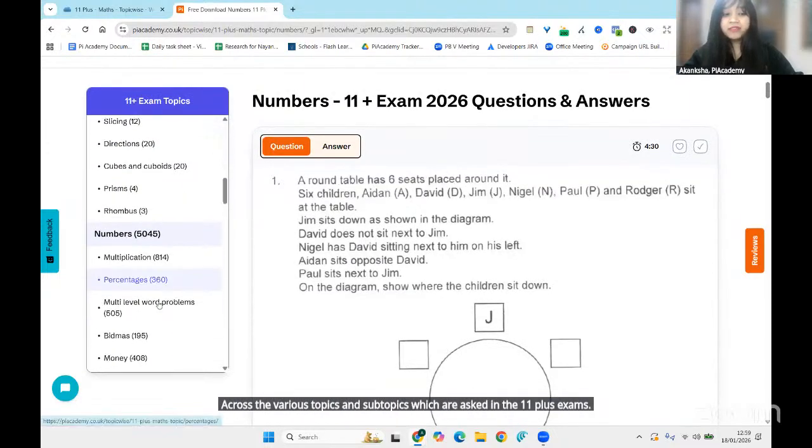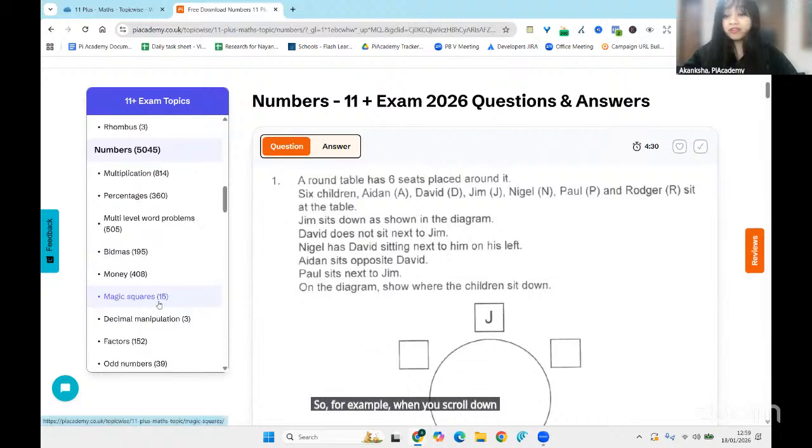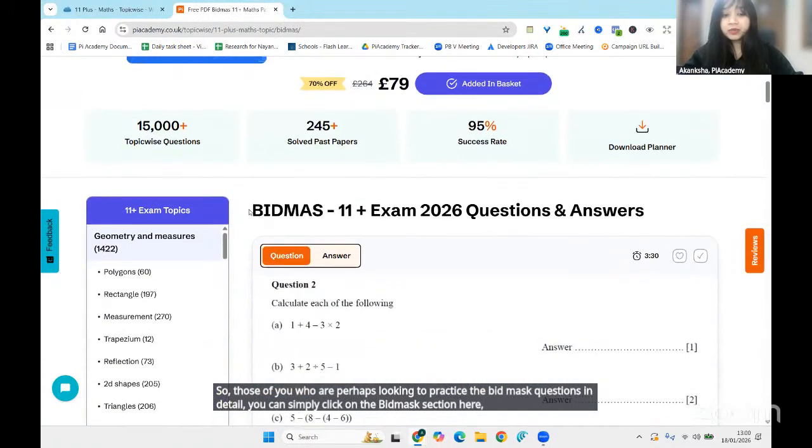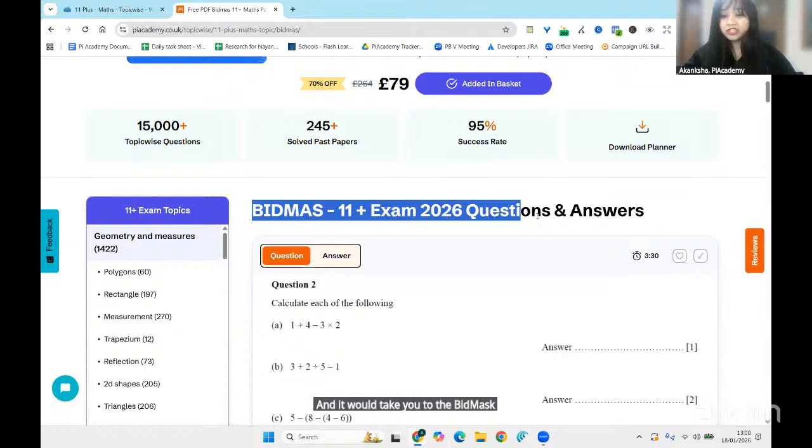So for example, when you scroll down, today all of us practice the numbers topic. And here you can see within numbers itself, we have around 5,000 questions. So those of you who are perhaps looking to practice the BODMAS questions in detail, you can simply click on the BODMAS section here, and it would take you to the BODMAS topic-wise questions.